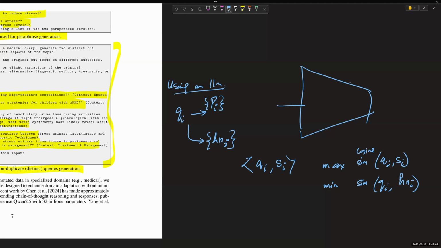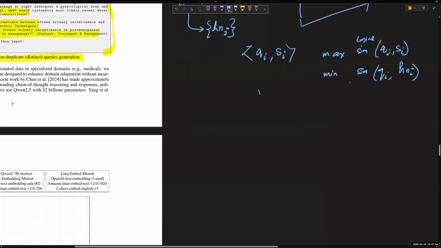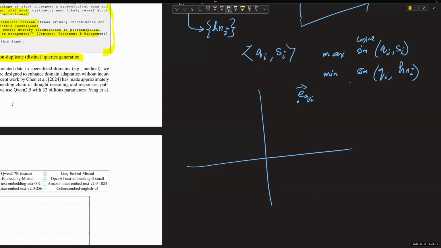It is very obvious that in the embedding space, what you're trying to do is make sure that if E of Qi lands here, then the embedding vector for the similar item should be nearby, very similar.